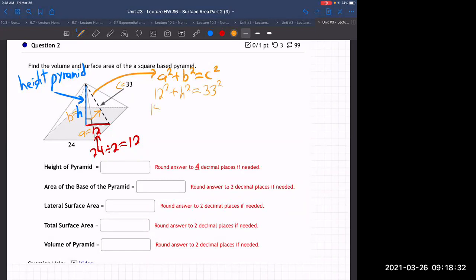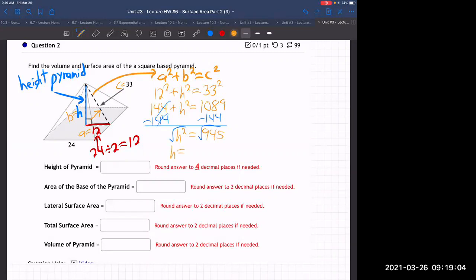So that's 144 plus h squared. What is 33 squared? Hit the buttons. I'm getting 1089. Subtract 144, and I get h squared equals 945, and then root it.